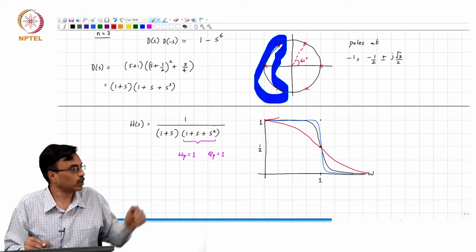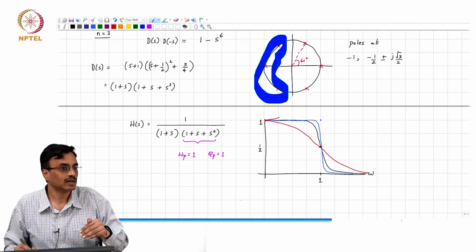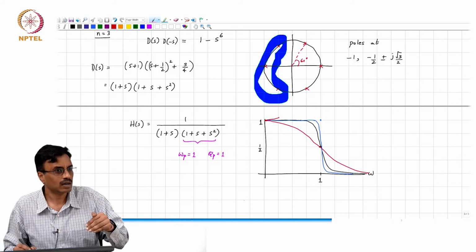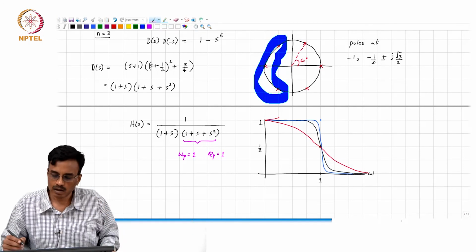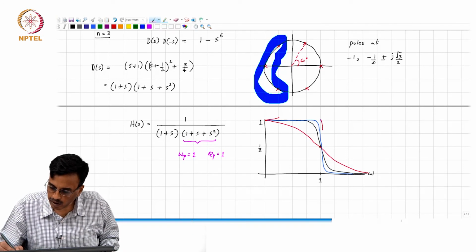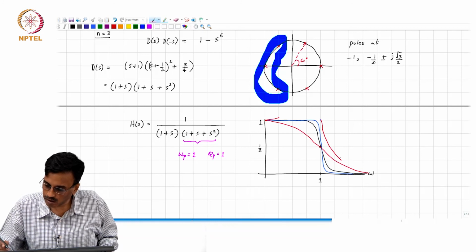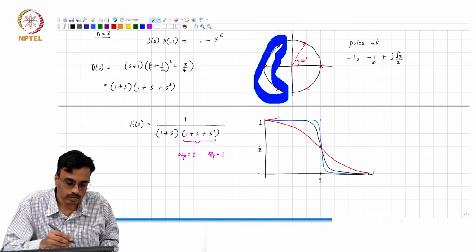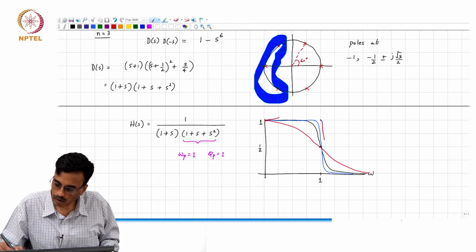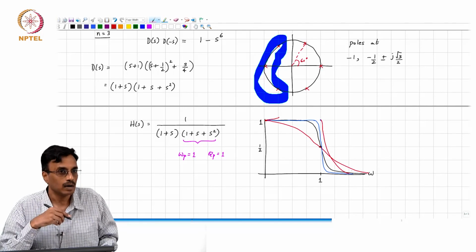Eventually the second order response falls off as 1 over omega square, correct? So eventually the second order response must do something like this, okay, all right.